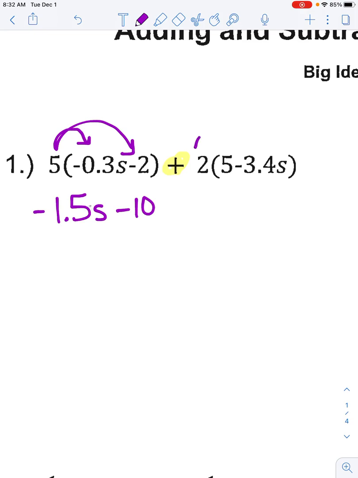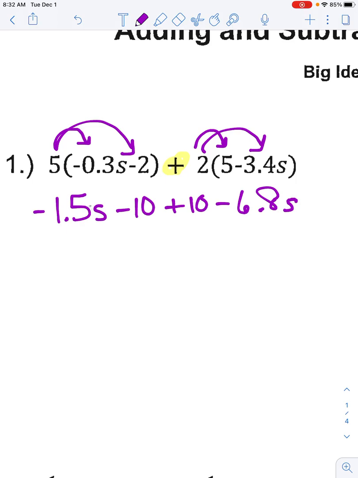Over on the right, 2 times positive 5 is a positive 10. And 2 times a negative 3.4s is a negative 6.8s. That's what it should look like when we distribute.